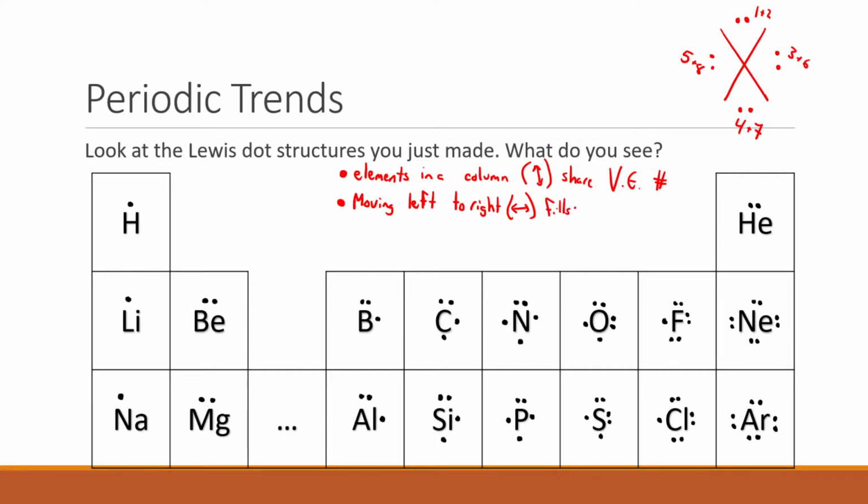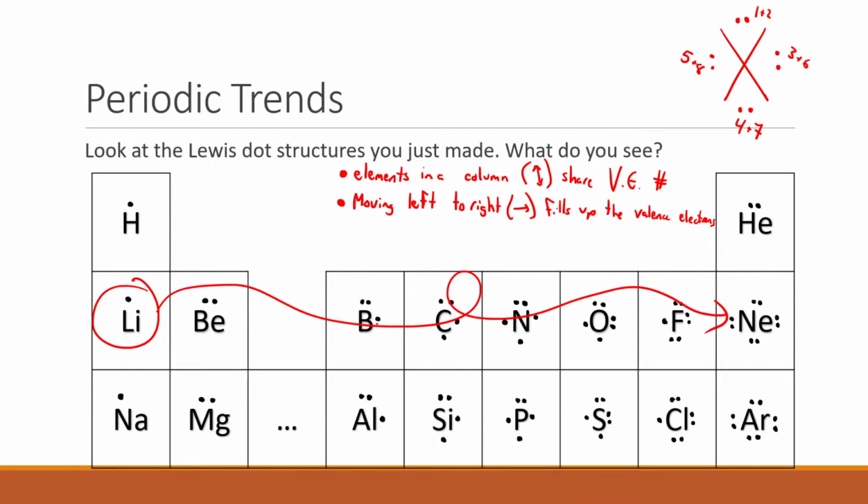Fills up the valence electrons. As we move, starting from the left and then move all the way to the right, we go 1, 2, 3, 4, 5, 6, 7, 8. We fill up that valence shell.